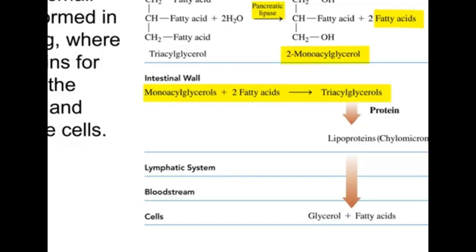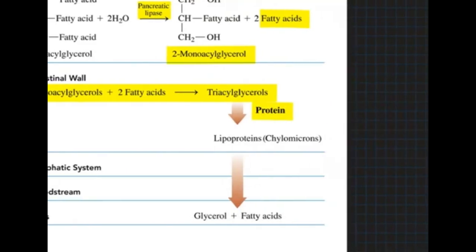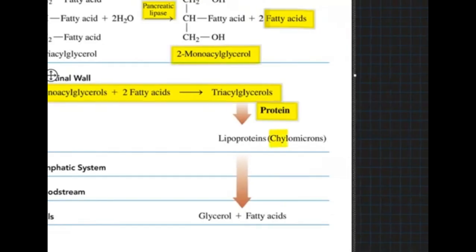Now, as you mentioned, fats are hydrophobic. What is the main chemical component of your blood? Water. And in order to transport fats in the watery blood, you need to make them hydrophilic. So how do you do that? You combine fats with proteins to form lipoproteins called chylomicrons.